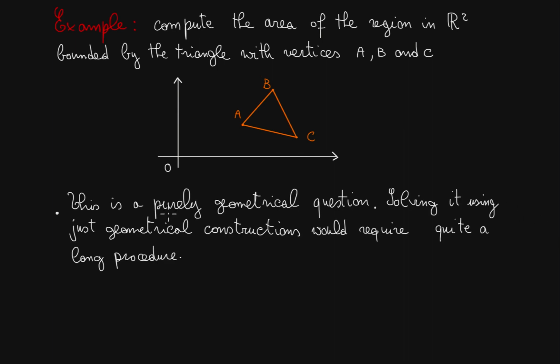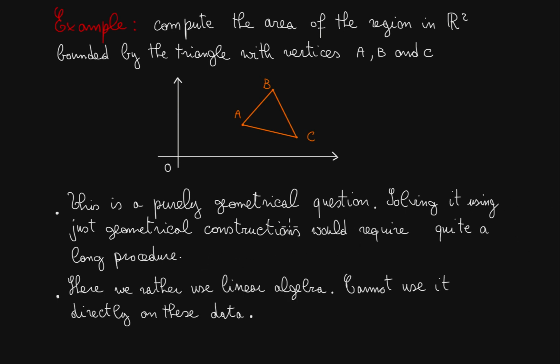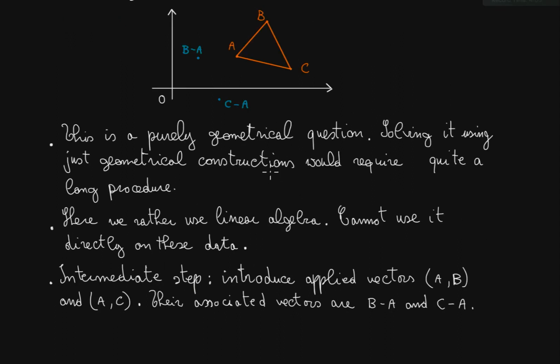This is a purely geometrical question. Solving it using just geometrical constructions would require quite a long procedure. Here we rather use linear algebra. We cannot use it directly on this data. As we said before, linear algebra cannot be used on applied vectors. Let's see how applied vectors here play a role. We can consider the applied vectors AB and AC.